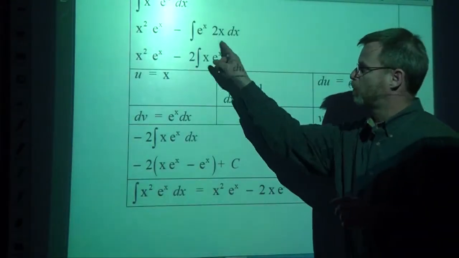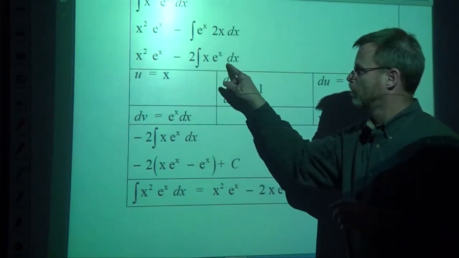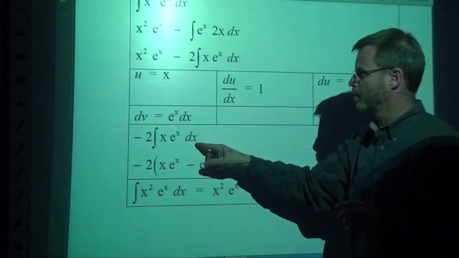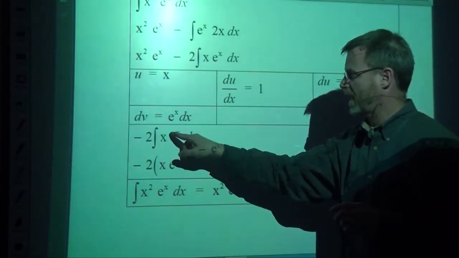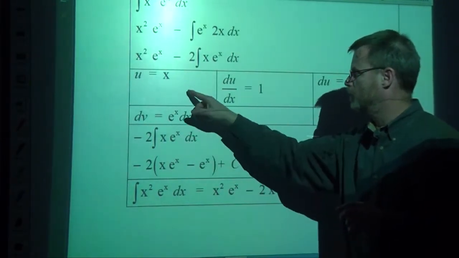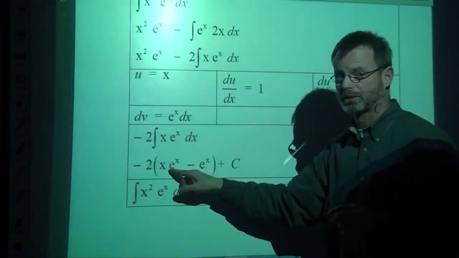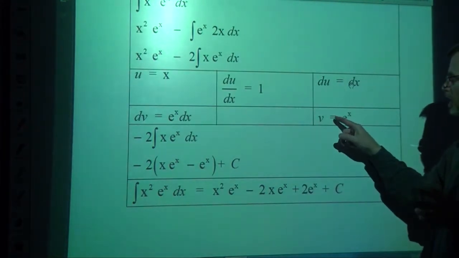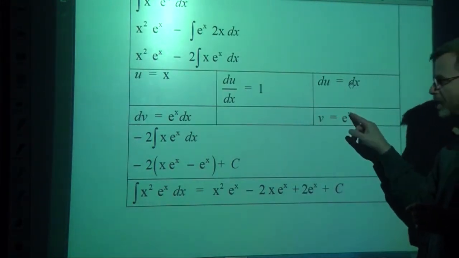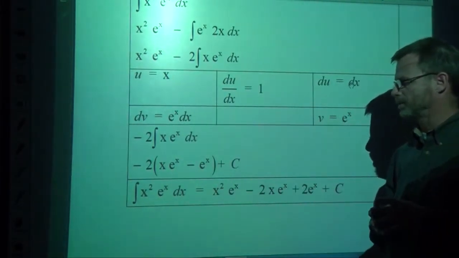So we're going to take this branch right here and just reapply. The integral of x e to the x dx is going to be equal to mu times v, which is x times e to the x, subtract the integral of e to the x dx, which is just e to the x, plus our constant of integration.